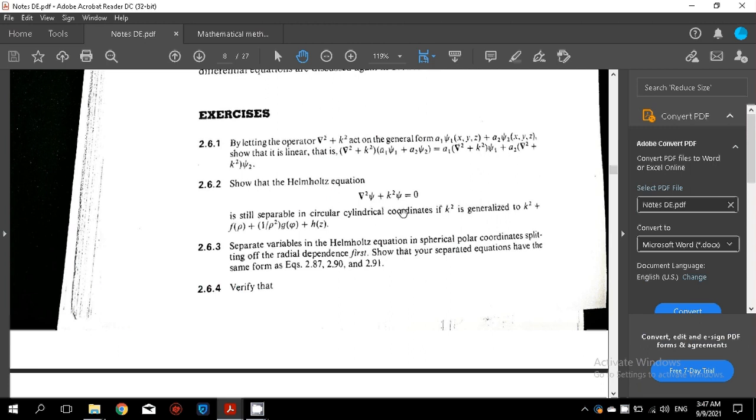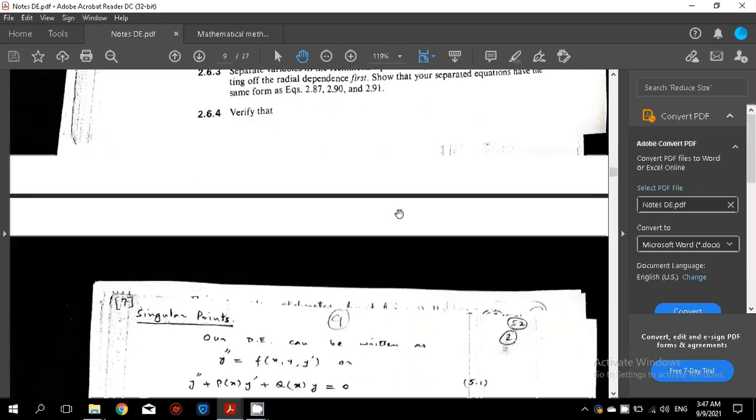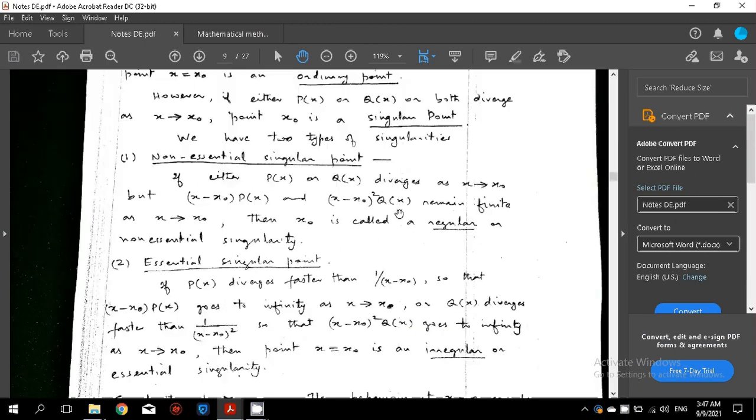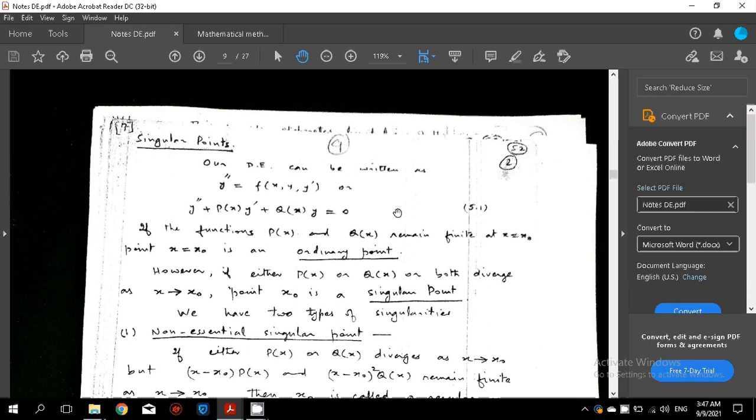Okay, so the first step we have done is to convert the partial differential equation into an ordinary differential equation. So we have our differential equation.